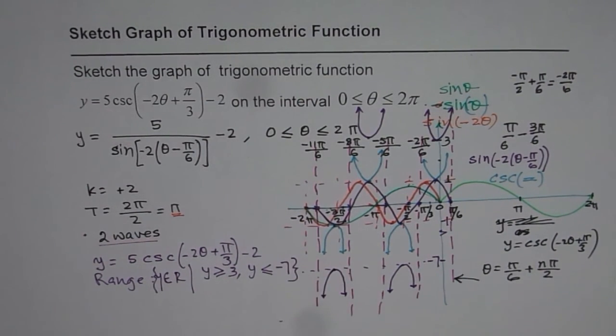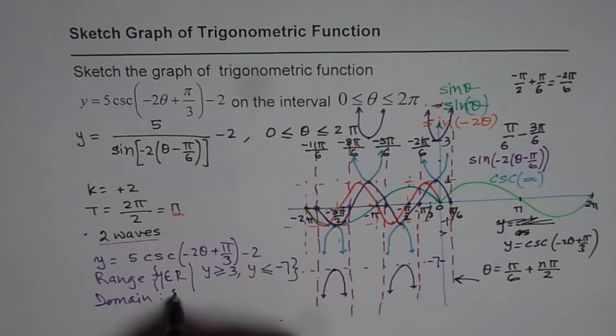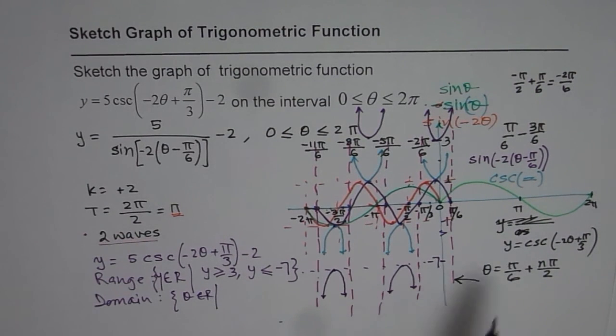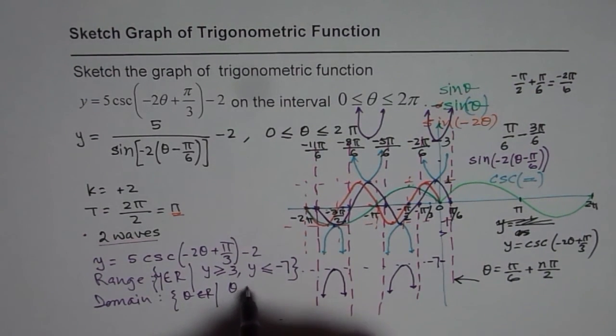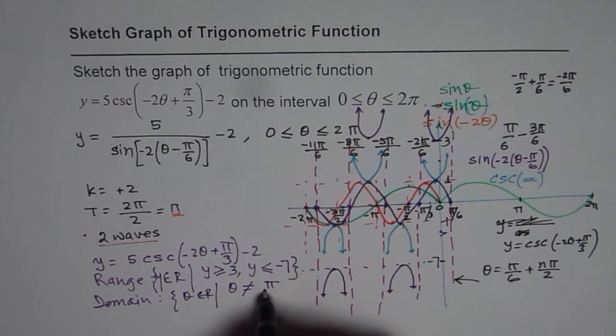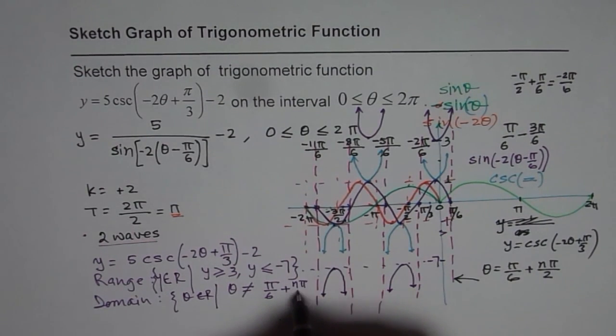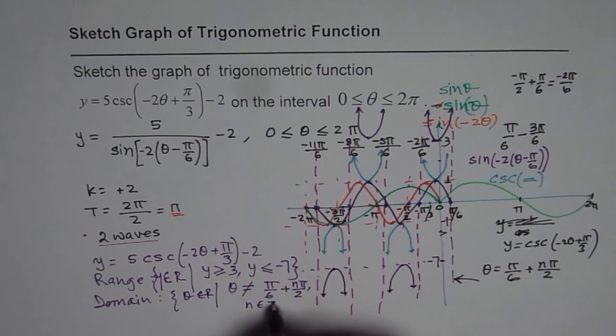Do you see that? And what is the domain of the function? Domain of the function is that theta belongs to real numbers where theta is not equal to pi by 6 plus or minus n pi by 2, where n belongs to integers.